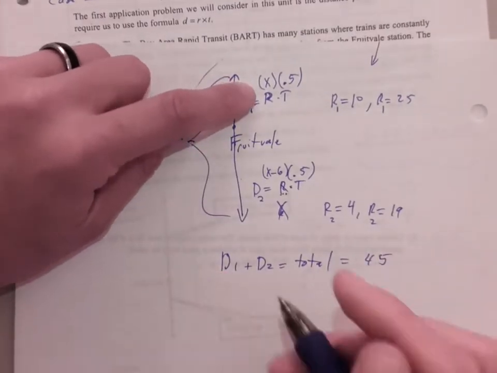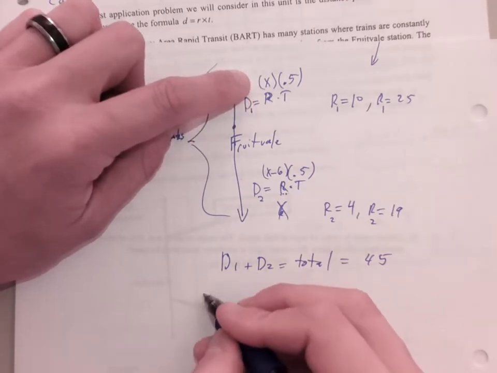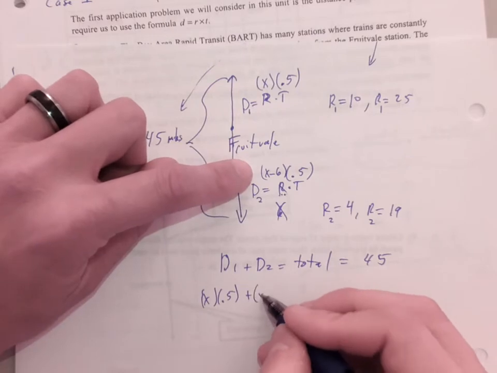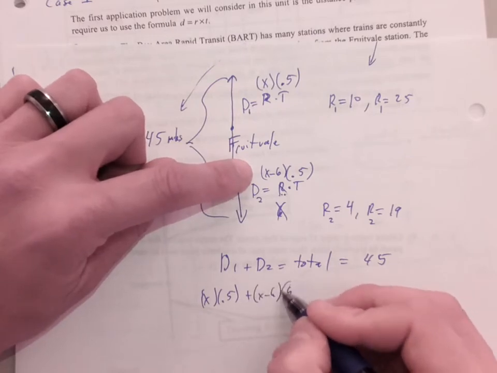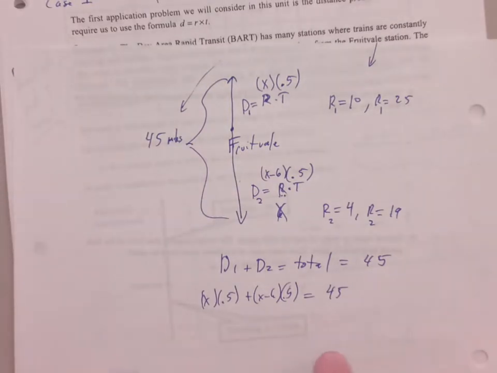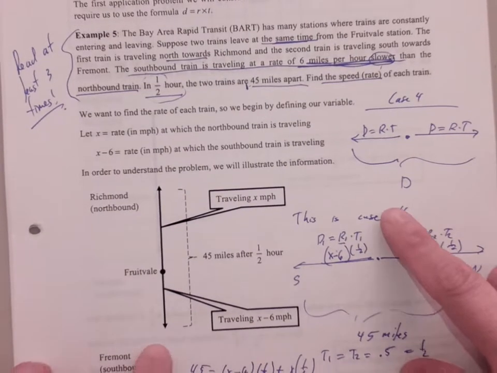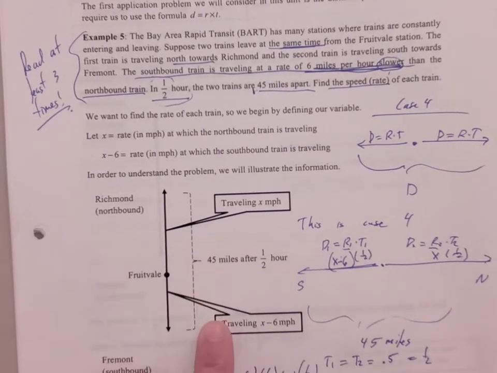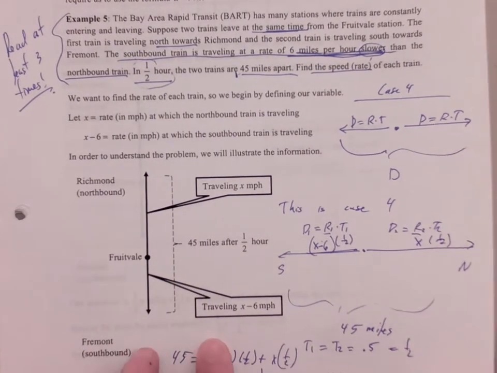D1 is equal to X times 0.5, plus D2, which is X minus 6 times 0.5, and we get 45 here. So this is the setup for the problem. That's the basic walkthrough. This was done earlier, and we can essentially map and walk through this every single time in the same way.